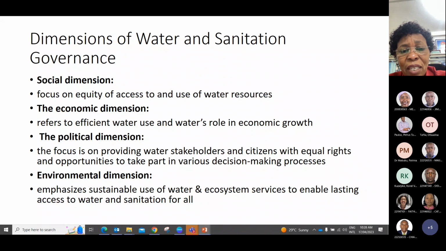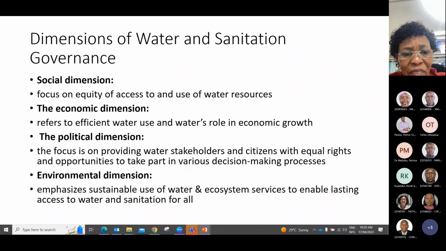On the second issue, human rights, we are all equal, so we should try to share this God-given resource, which is vital to our lives, the water resource. So that is the social dimension. And then there is the economic dimension.